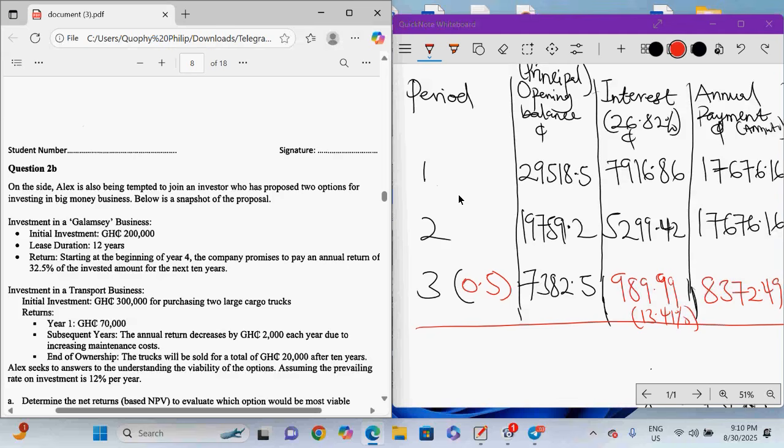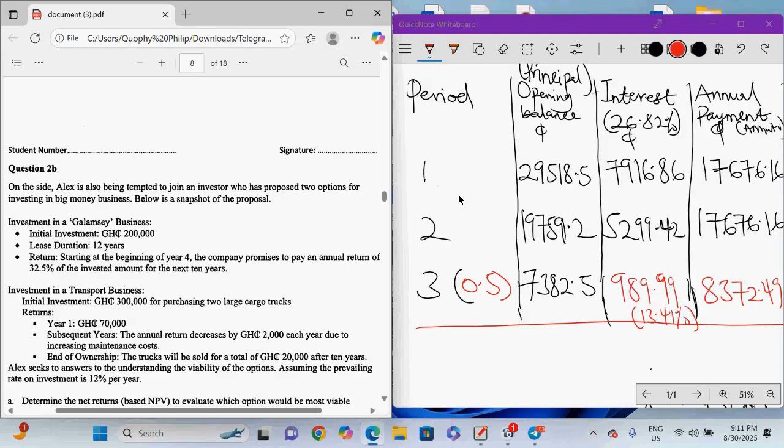Below is a snapshot of the proposal. Investment in a galamsey business. Initial investment equals 200,000 cedis. Lease duration 12 years. Return starting at the beginning of year 4. The company promises to pay an annual return of 32.5% of the invested amount for the next 10 years.